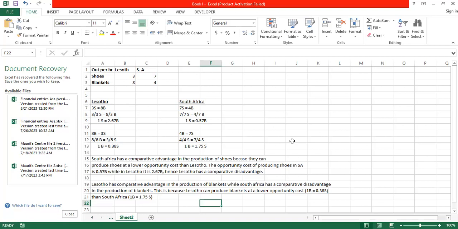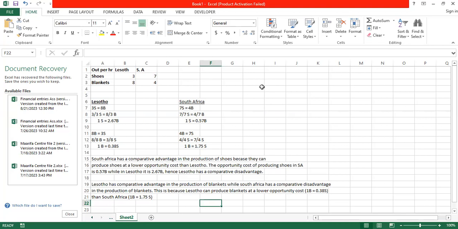Okay, let's start here. If two countries produce and exchange the surplus of goods, what will happen? If they produce and exchange the surplus of goods, let's say South Africa, as much as they have more shoes, and they produce more per hour, then exchange it with Lesotho, and Lesotho gives them blankets.